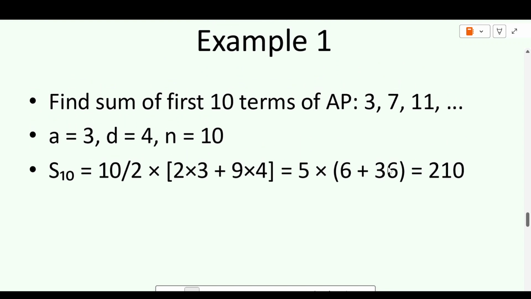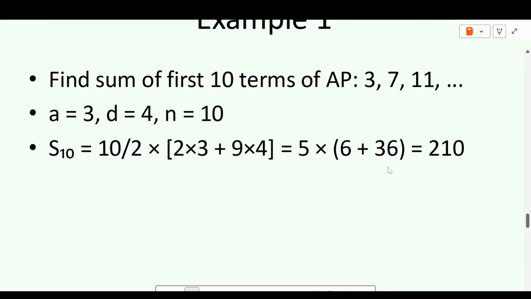Let's move on to some examples. Here is the question: find the sum of the first 10 terms of the AP 3, 7, 11. How can we find it? What is the first term? 3. What is the second term? 7. So what is the common difference?